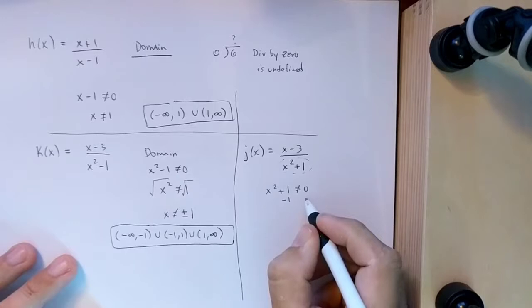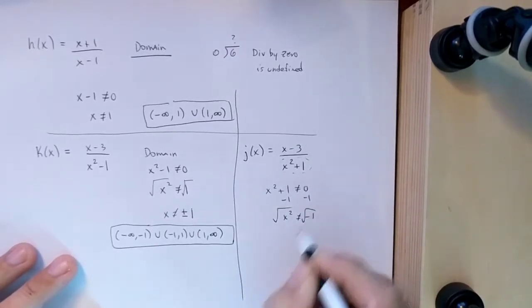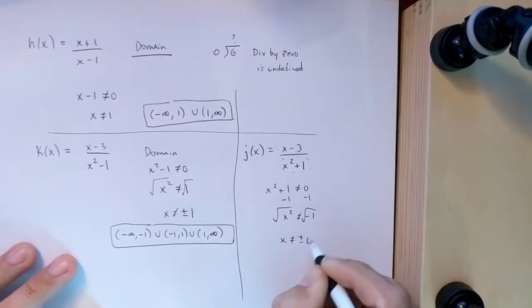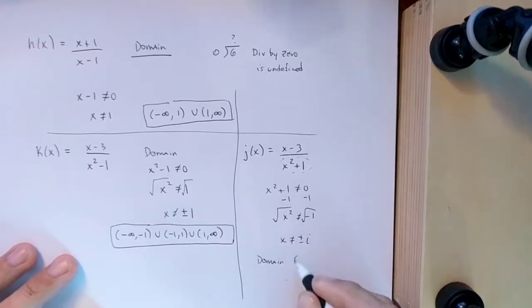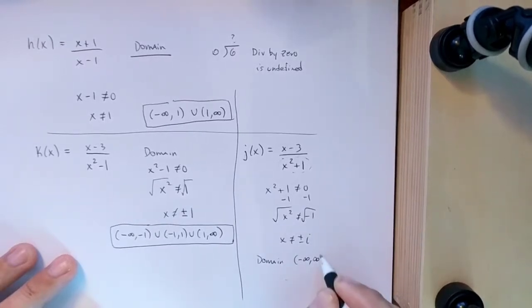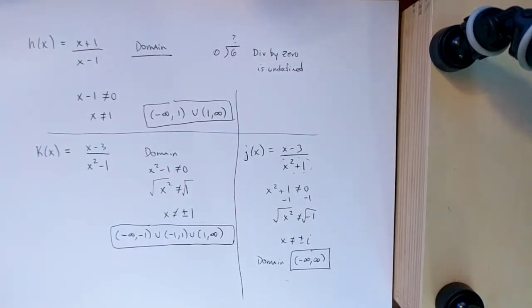The only values that would make it 0, working this out real quickly, would be plus or minus i, right? And because i is an imaginary number, our domain is all real numbers, and this is the real easy way to say all real numbers.